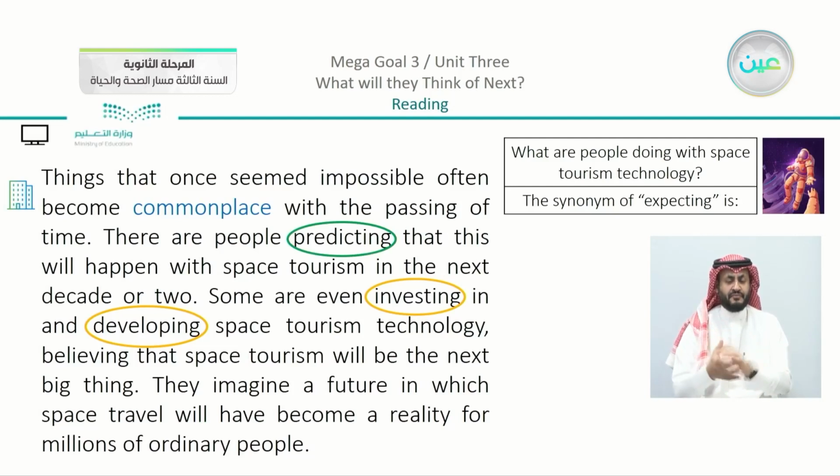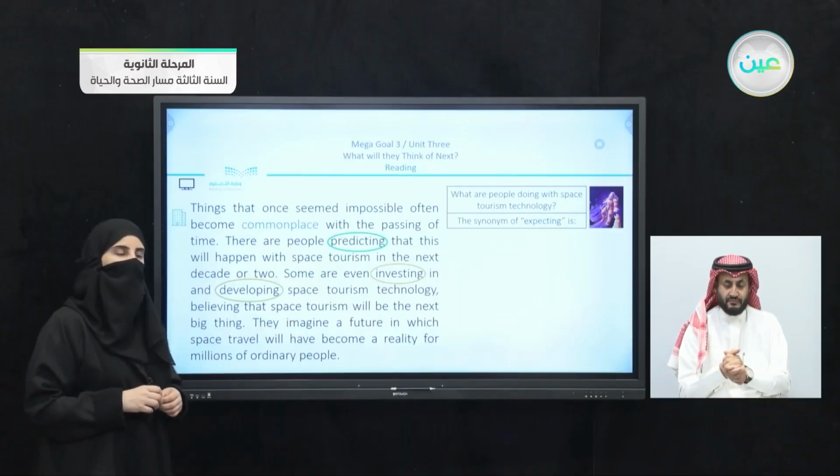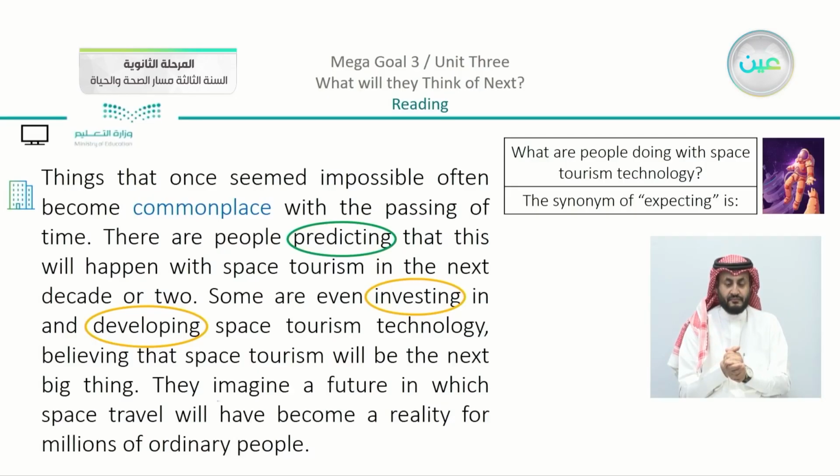Do you remember we talked about predictions in the first lesson of the unit? We have, they imagine a future in which space travel will have become a reality for millions of ordinary people. So if it is not commonplace at the moment, it may be a reality in the future.